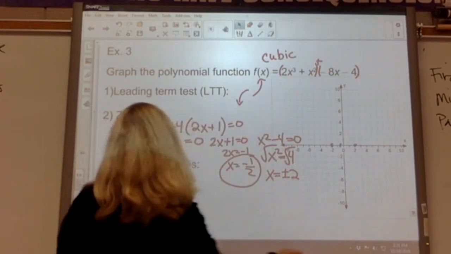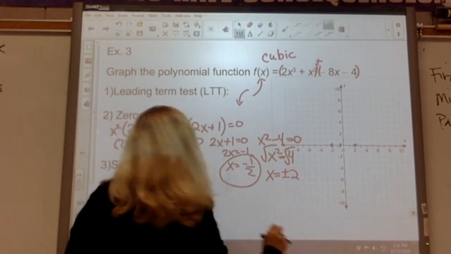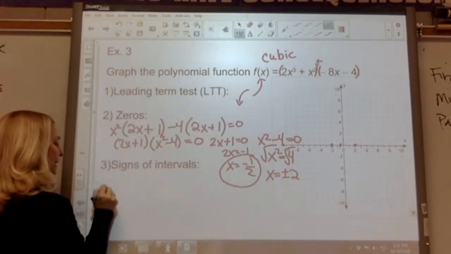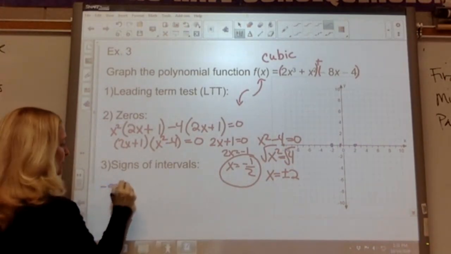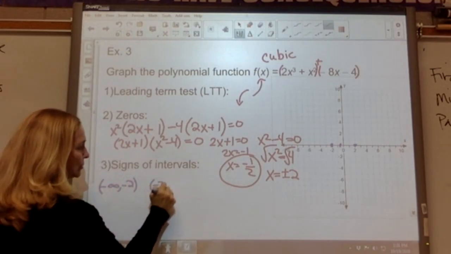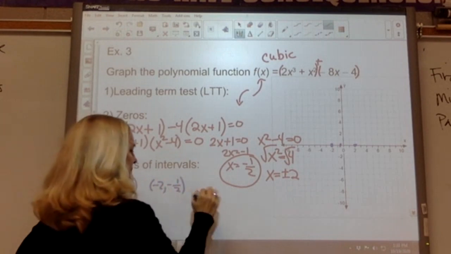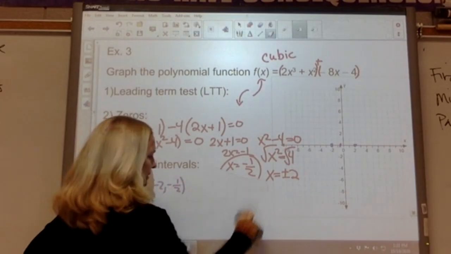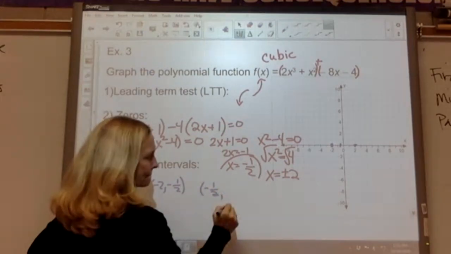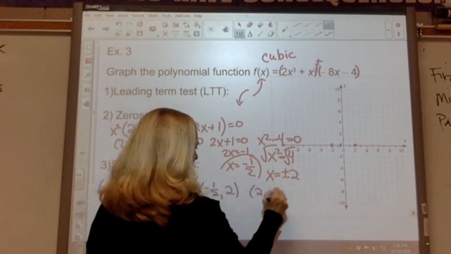Okay? All right, now the signs of the intervals. So we did this again. This will be that we do like this. All right, so we have the left side, which is -infinity to -2. Then we have from -2 to -1/2. Then we have -1/2 to +2, and then we have from +2 to infinity.